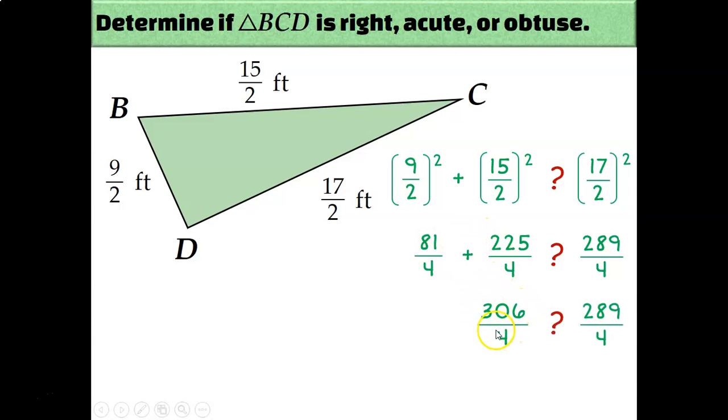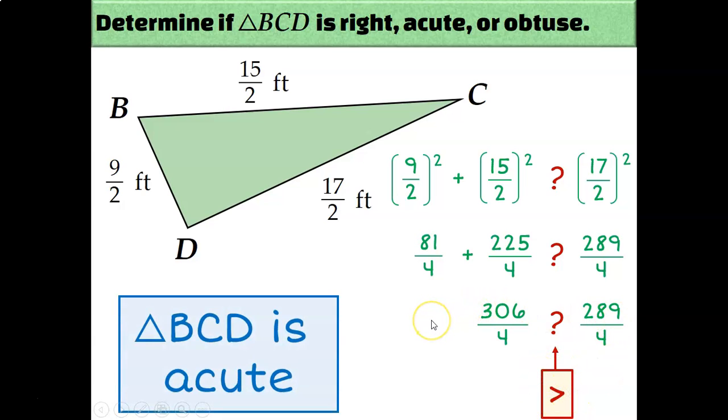I get 306 over 4 and 289 over 4. So since they have the same denominator, comparing their numerators is really all I have to do, and 306 is obviously bigger than 289. So what I have shown here is that a squared plus b squared is greater than c squared, which means this must be an acute triangle.